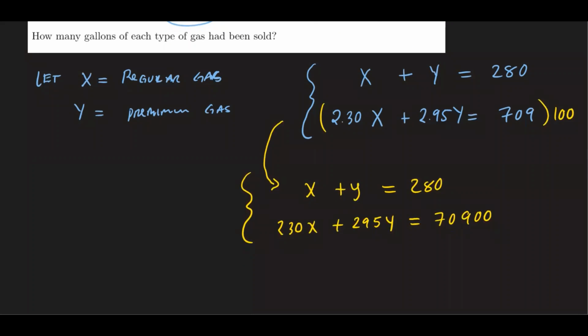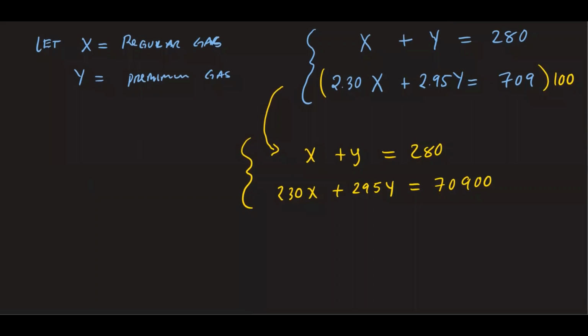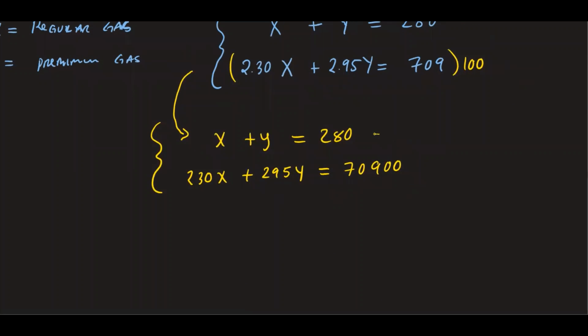Now let's go ahead and use any of the methods we like. So I'm going to use the substitution method for this problem. So I'm going to take the first equation and solve for one of the variables. Let's solve for y. So we have 280 minus x. So that's the variable we choose to solve for.